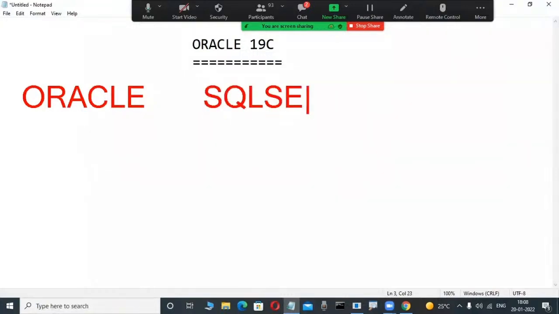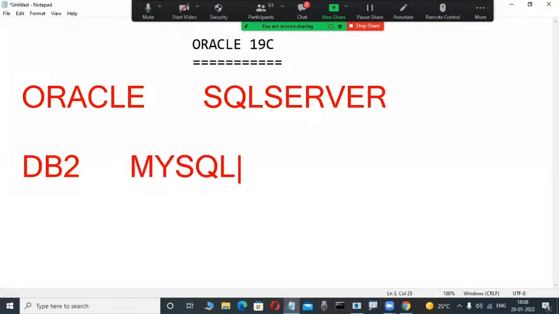SQL Server is a database product from Microsoft. DB2 is a database product from IBM. MySQL is a database product that is open source, but nowadays Oracle Corporation has purchased it. Again, Sybase is a database product from Ingres Corporation.